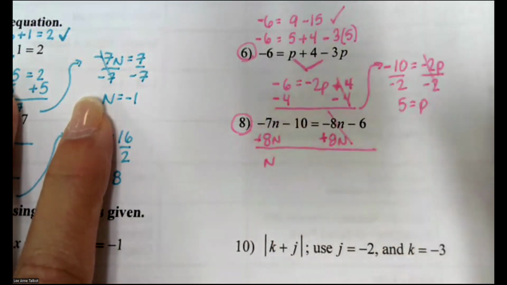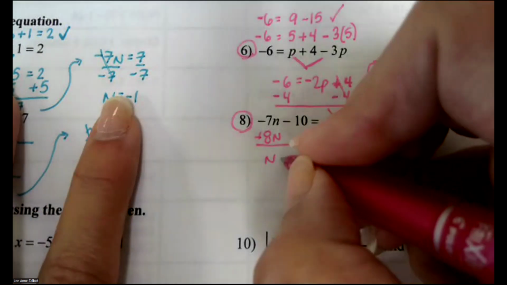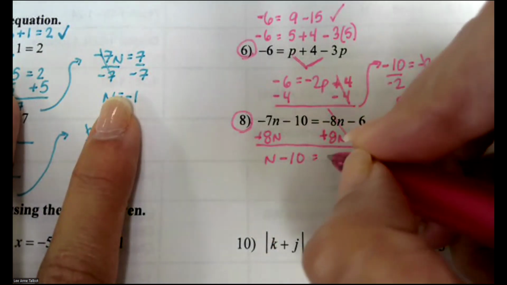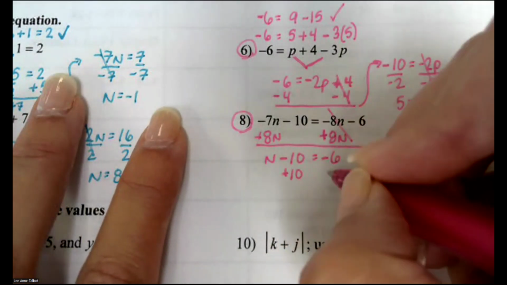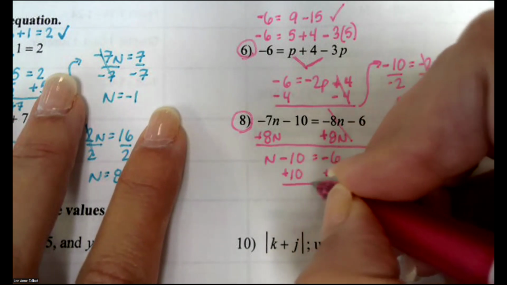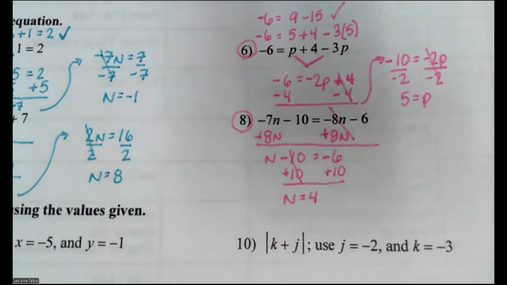-7n plus 8n. You can write n or you can write 1n. I don't mind either way. Plus 10. N equals 4.